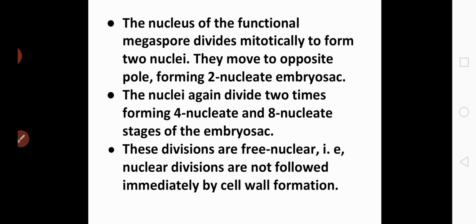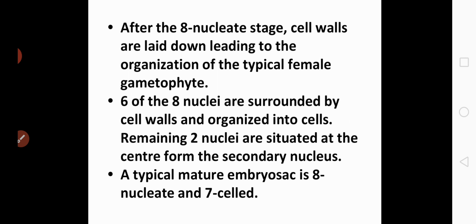These divisions are free nuclear. That means nuclear divisions are not followed immediately by cell wall formation. After the 8 nucleate stage, the cell walls are laid down, leading to the organization of the typical female gametophyte.